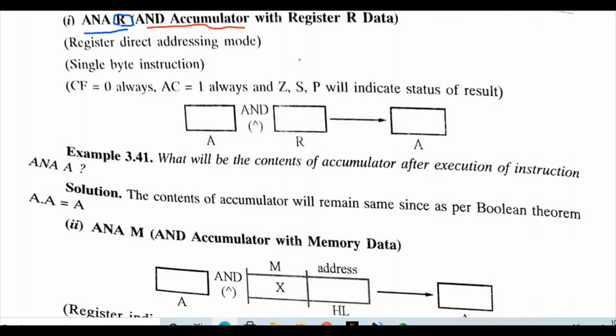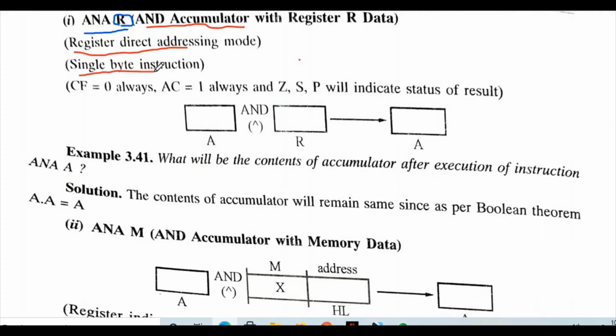In this, the first data the microprocessor will always take from the accumulator, and the second data will be of register R, and ANDing is done between the accumulator contents and the contents of register R. Addressing mode of this instruction is register direct addressing mode, and it is a single byte instruction.